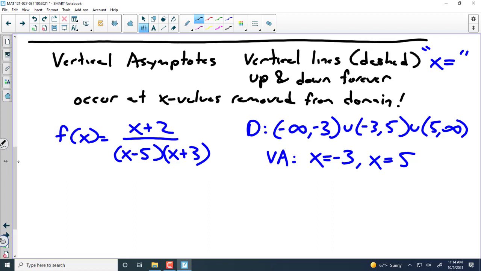Then I would go over to the coordinate system, and at -3 and 5, I would put in 2 dashed vertical lines. Can we do that? If you can find the domain, you can do this.